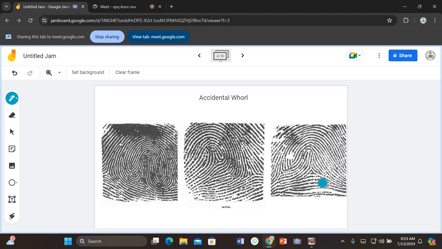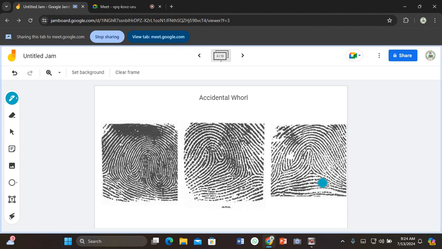The accidental whorl is a pattern consisting of a combination of two different types of pattern, with the exception of the plain arch, with two or more deltas, or a pattern which conforms to none of the definitions.